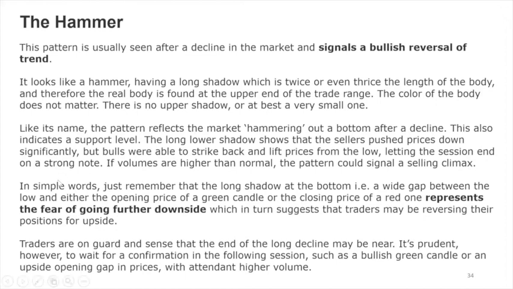In simple words, just remember that long shadow at the bottom: a wide gap between the low and either the opening price of the green candle or the closing price of the red, representing the fear of the price going further downside, like I explained to you.